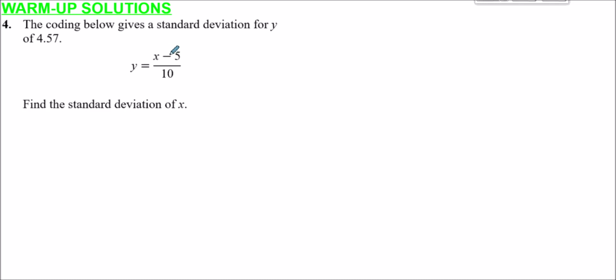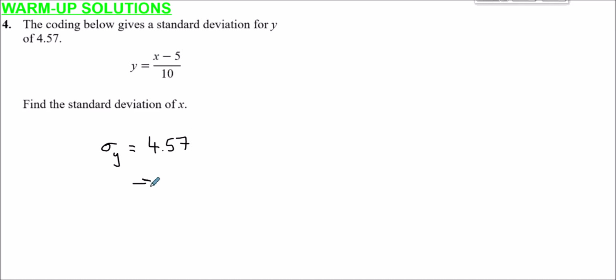And so this minus 5 is irrelevant. The only thing affecting x is that all values have been divided by 10 to achieve y. And so what we can say here is that the standard deviation of y, sigma y, is 4.57. That's after x has been divided by 10.